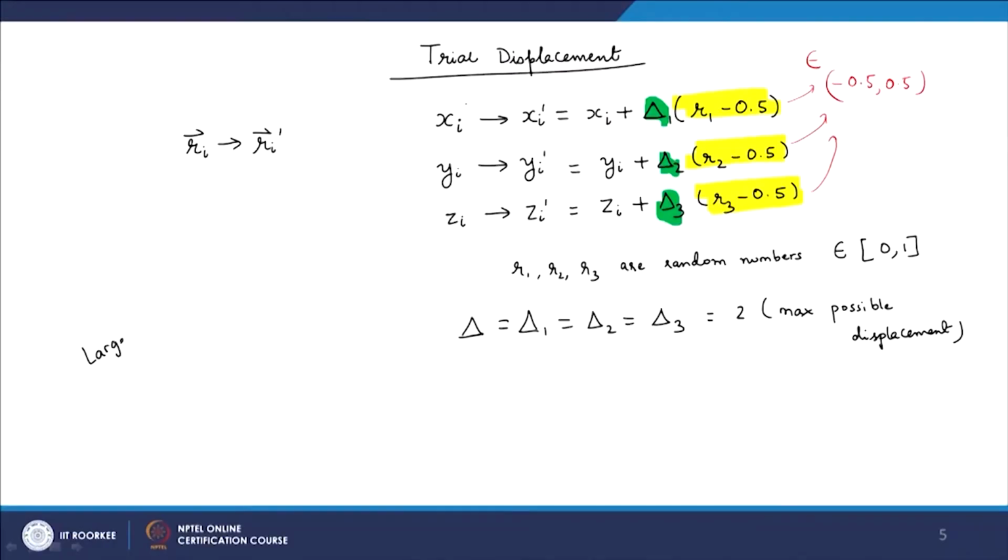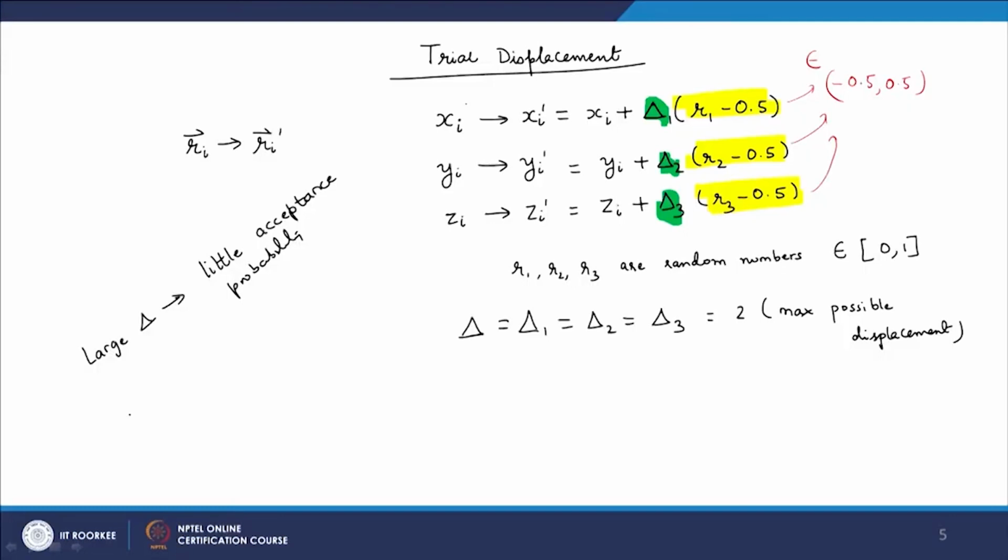So, a large value of delta will give rise to little acceptance probability, because every move results in a large stretching of the spring, or for example separation of beads to very large distances, and those moves are typically not accepted because of the Metropolis condition of acceptance.